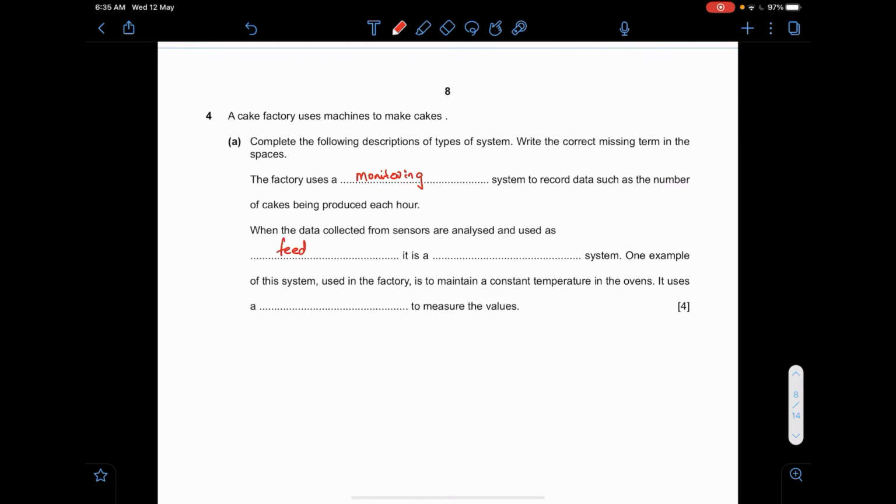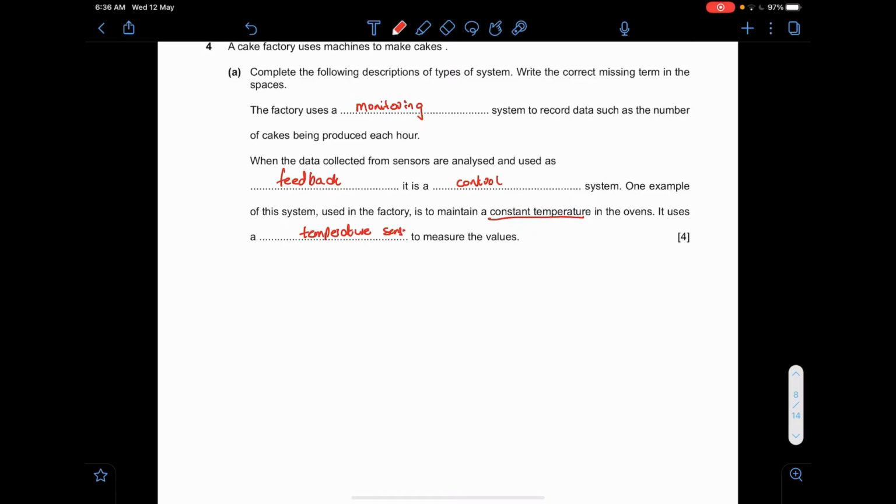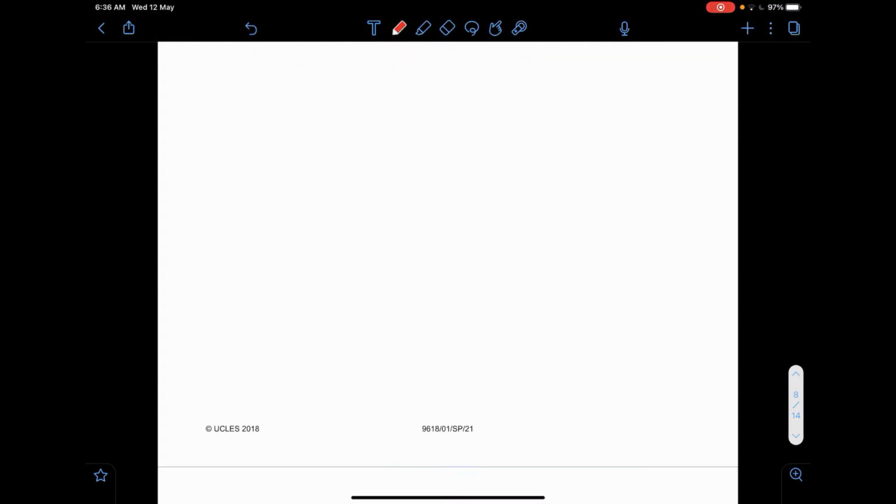So this is going to be feedback. It is a controlling system. One example of this system used in factory is to maintain constant temperatures in the oven. It uses a dash sensor. So it is maintaining temperature. So it's going to be a temperature sensor, right?